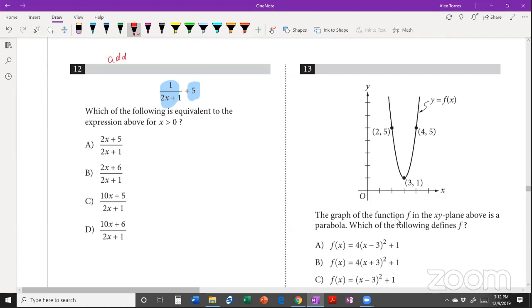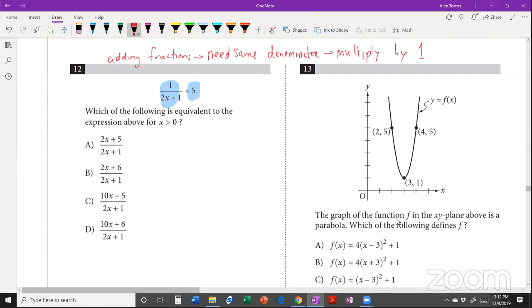But for adding fractions, you need the same denominator. And to get that same denominator, you multiply by a factor of the number 1. I'll show you what that means.